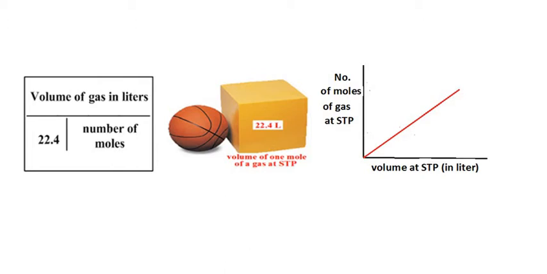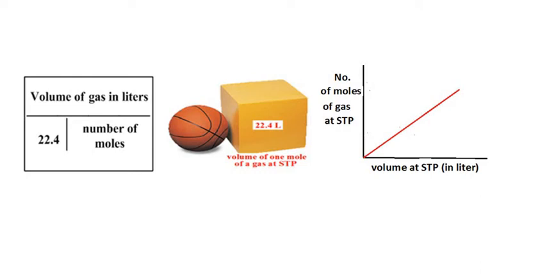You can calculate the number of moles. Also, you can calculate the volume of any gas if you know the number of moles of this gas. Multiply the number of moles by 22.4, the molar volume.